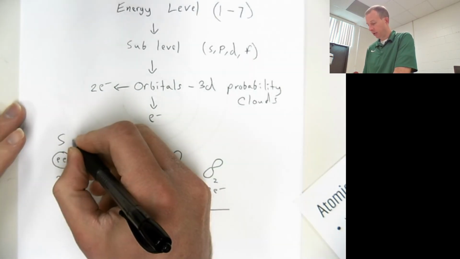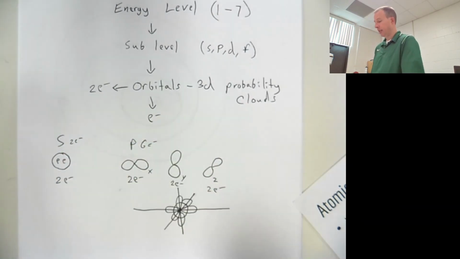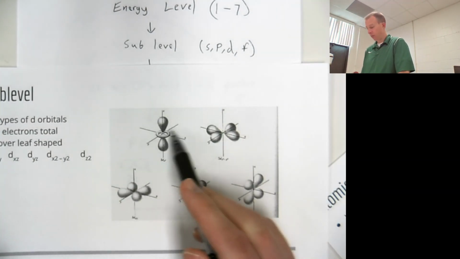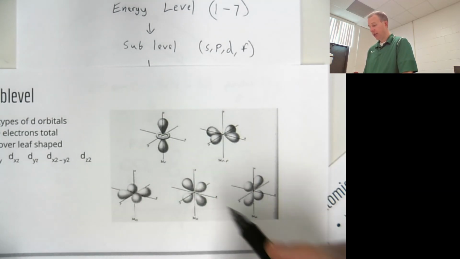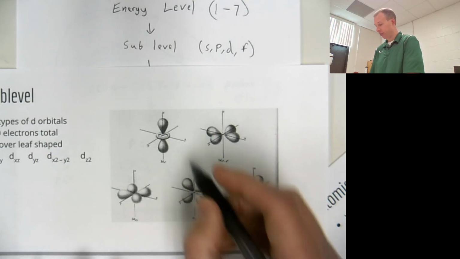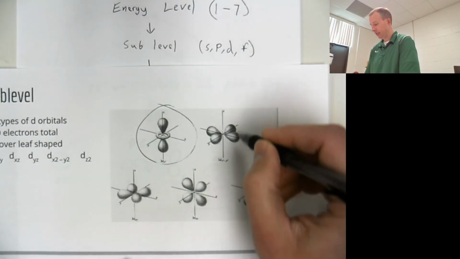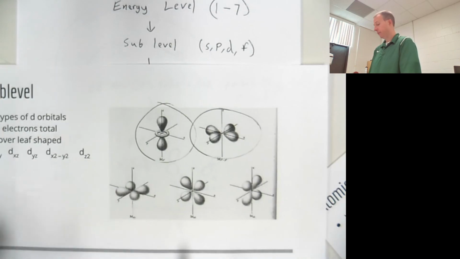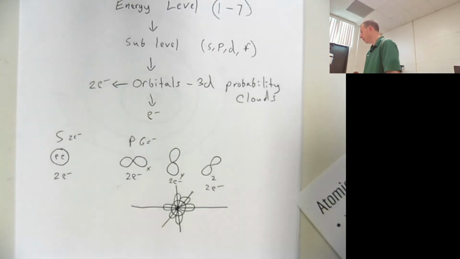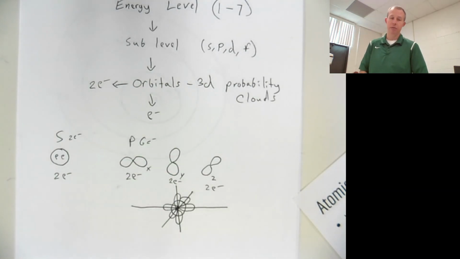The s sublevel can only hold 2 electrons, and then there's more. If you want to keep thinking about it, think about D. There's 5 of them: 1, 2, 3, 4, 5. Each of these goofy orbitals still can only hold 2 electrons max. So D can hold 2 times 5, 10 electrons. F is 7 times 2, 14.